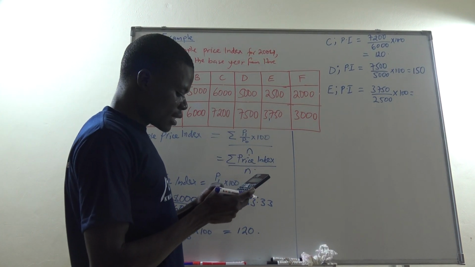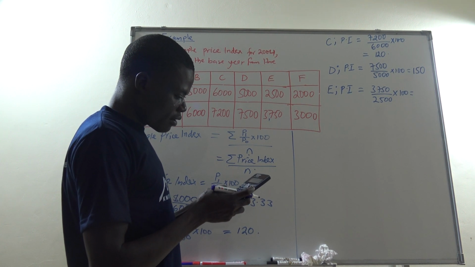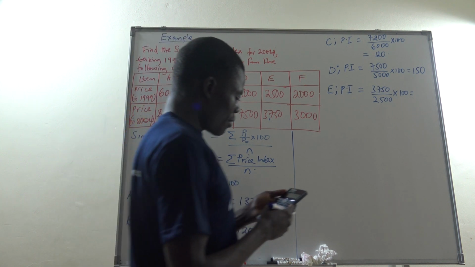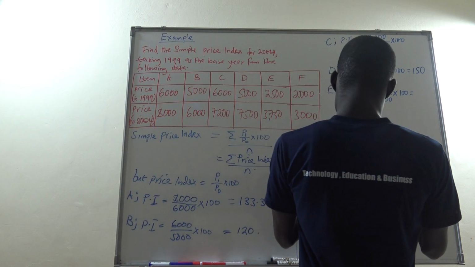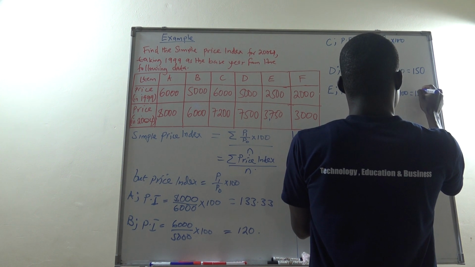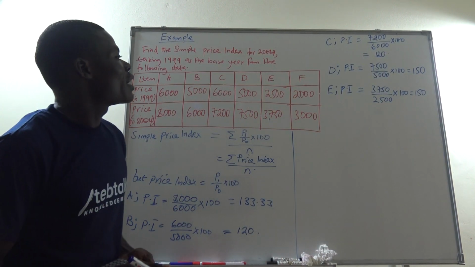So 3,750 divided by 2,500, and also here we are getting 150.